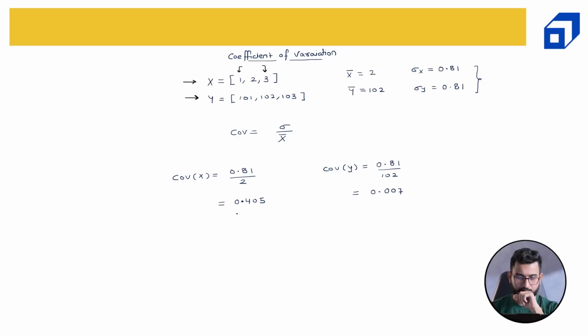So this series has higher variation when compared with series Y. So using coefficient of variation, we can simply compare the variation among the series, and we should not be using standard deviation. I hope this makes sense.